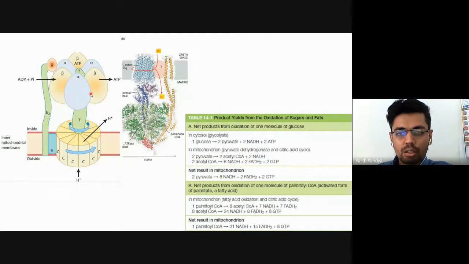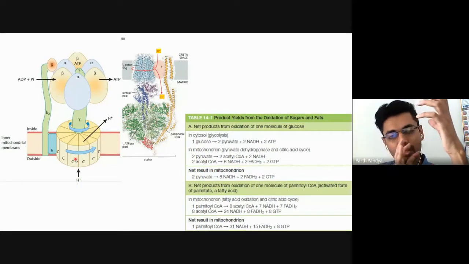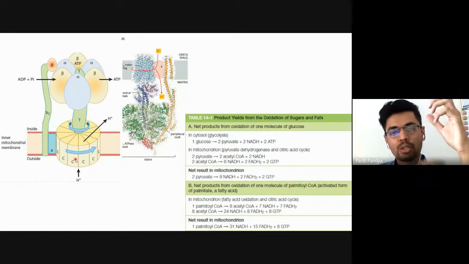There are 3 alpha, 3 beta, 1 gamma, 1 epsilon, and 1 delta subunits found in the F1 part. Once the proton moves in this direction, this subunit moves in an anti-clockwise rotation, which eventually leads to the movement of the F1.